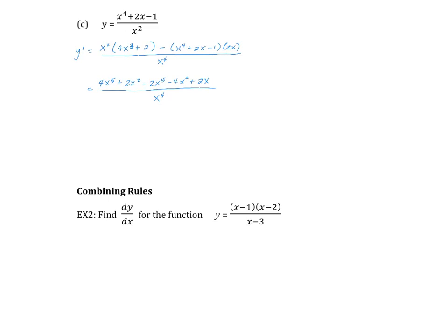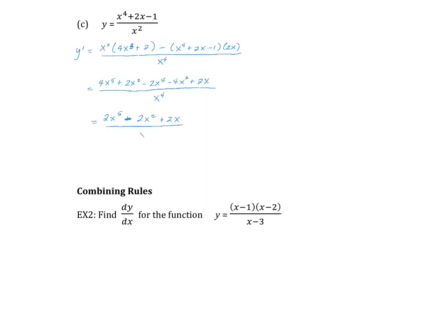Combining our like terms, I have 2x to the 5th minus 2x squared plus 2x.